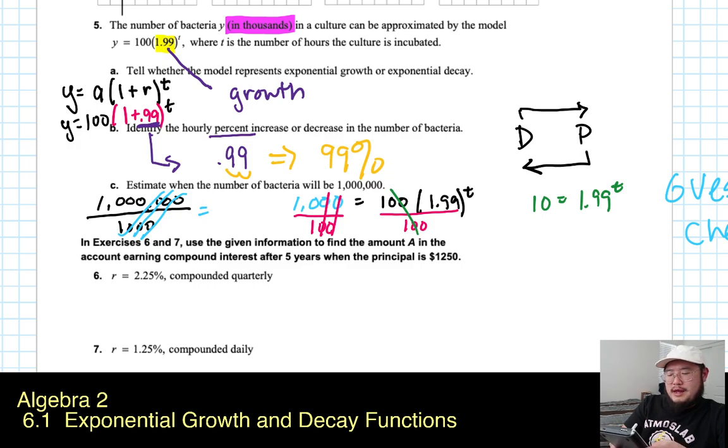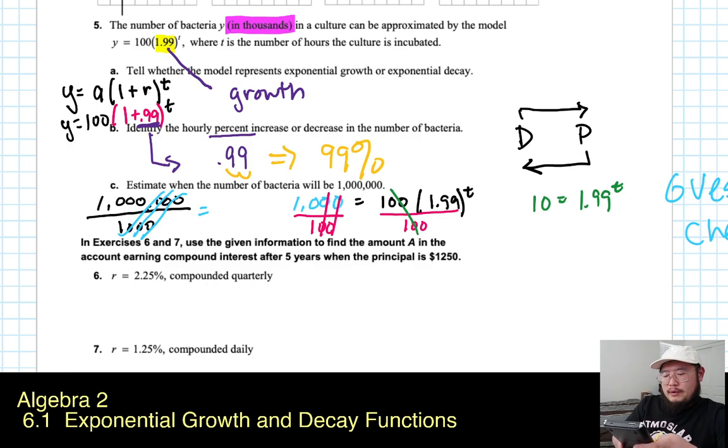Maybe 1.99 raised to the 3.3 power. And I'm getting 9.6875. So you can see how guessing and checking is being worked right now, hopefully. Let's try 1.99 raised to the 3.4 power, and I'm at 10.37. So a little too much.